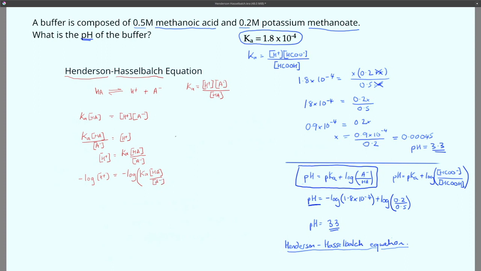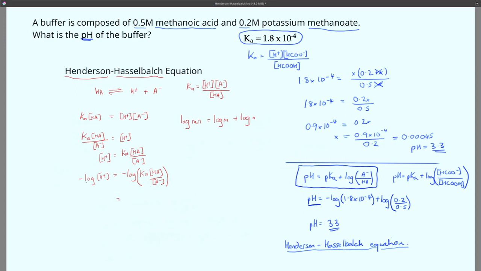Now, one of the rules of logarithms is if you've got log m times n, that can be made into log of m plus the log of n. So here we've got Ka times this, so on this side, we can separate them out.